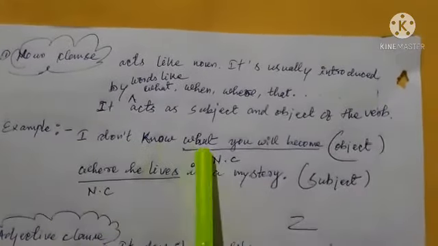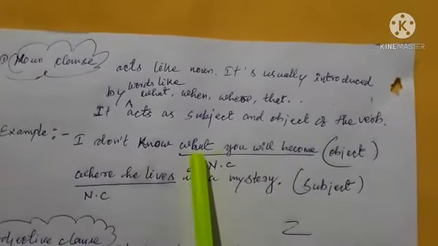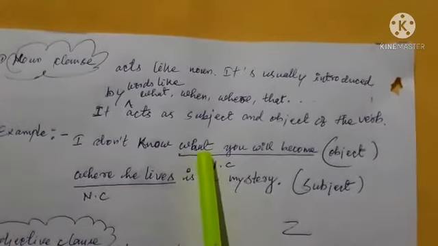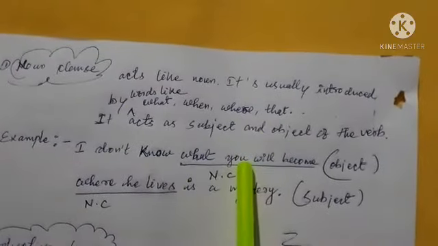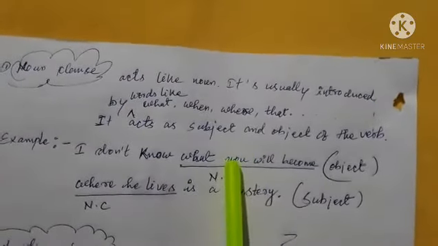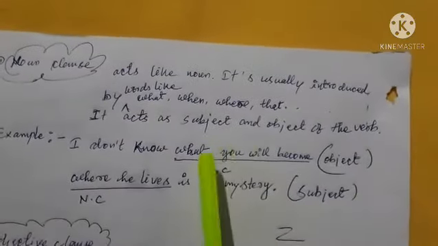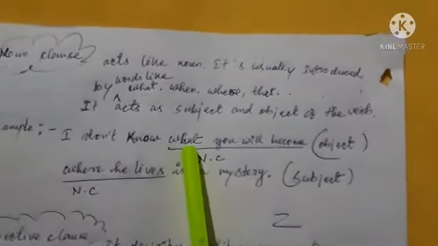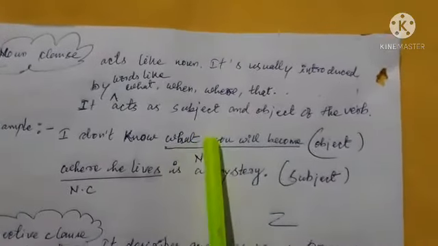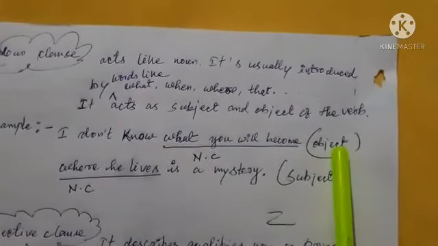I don't know what you will become. The underlined words "what you will become" are a noun clause because it acts like a noun and it is introduced by the word "what". And at the same time it acts as an object.